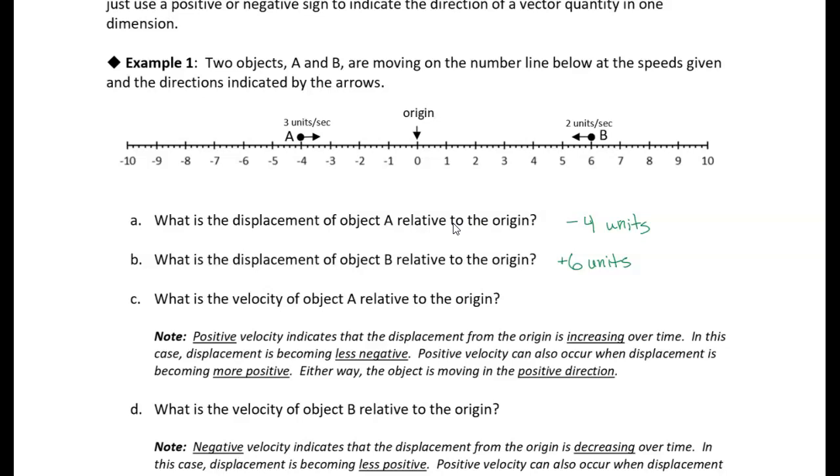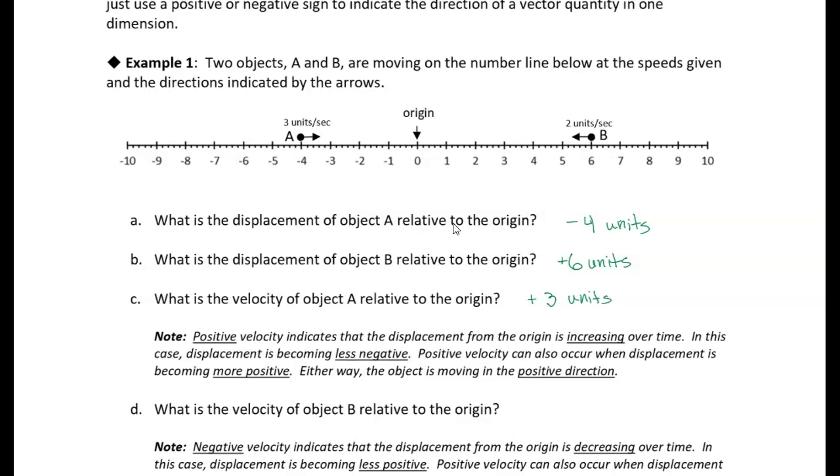All right, now let's look at the velocities. We're given some velocity information. Now, point A, even though it's to the left of the origin, is moving toward the right, in the positive direction. So we would say that it has a positive 3 units per second.